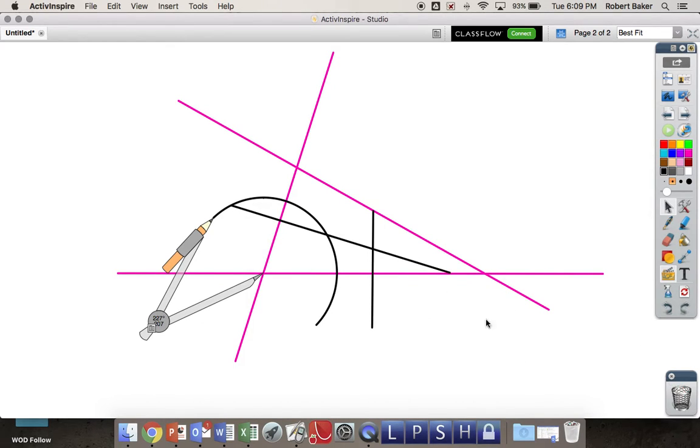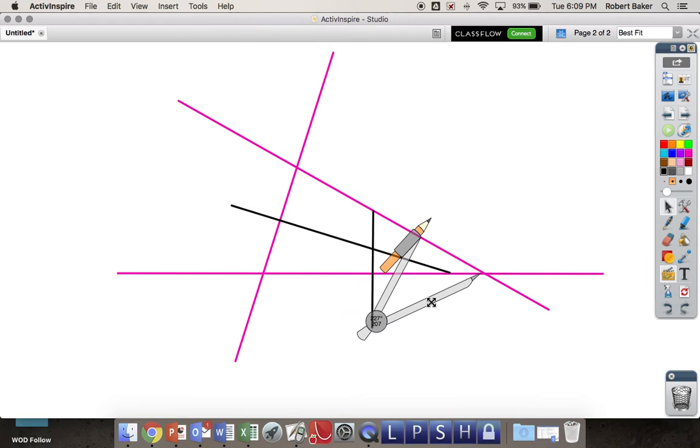You guys can lightly erase them, but there still needs to be evidence of a construction. So I have this side bisected, I have this side bisected, and I'm going to attempt to bisect the third side. Make sure my compass is more than halfway across the side. So I'm on the vertex here, my pencil point is more than halfway across.